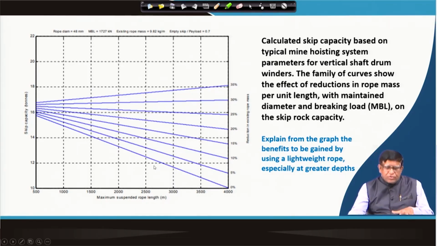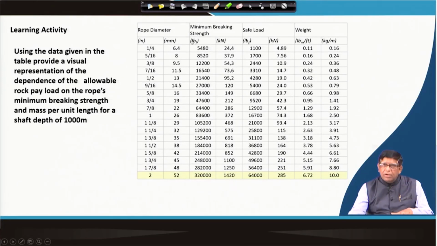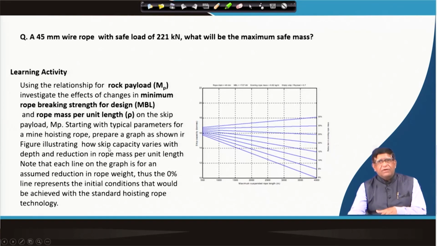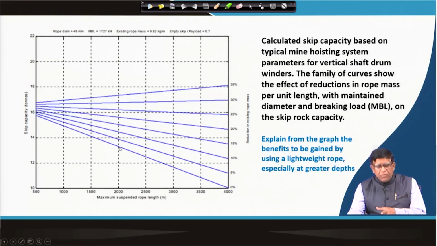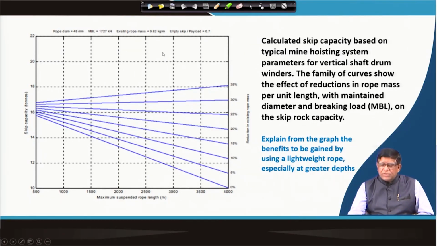So, when you use this table, it gives some available wire ropes in the market, and there the mass per unit length is known. From this known figure and using your equations, you can develop this type of comparative distance graph, which gives the calculated skip capacity based on typical mine hoisting system parameters for vertical shaft drum winders.